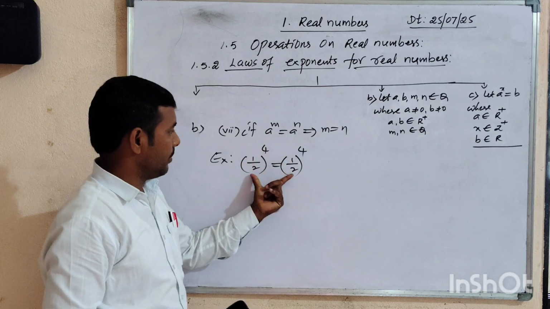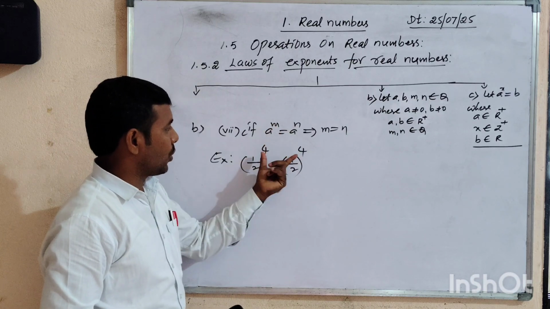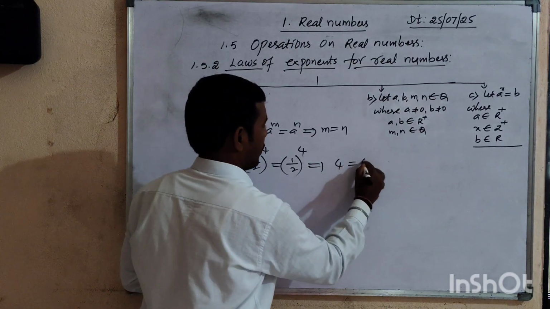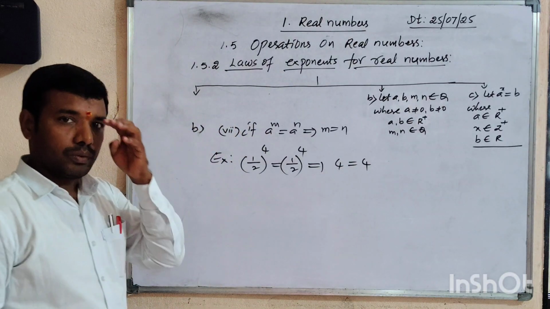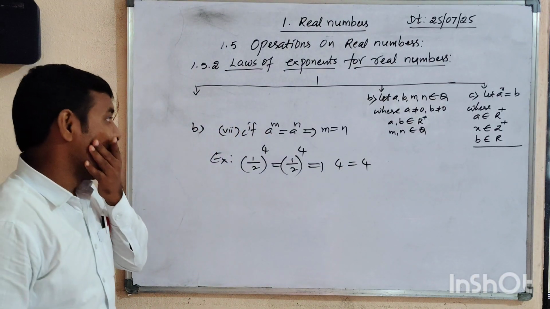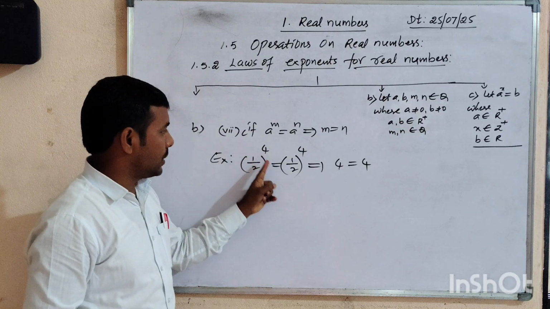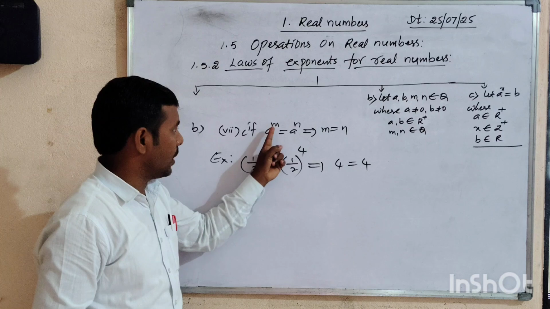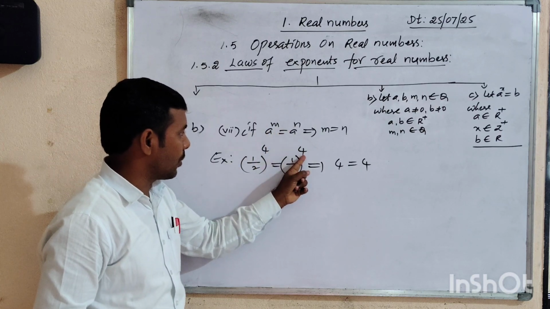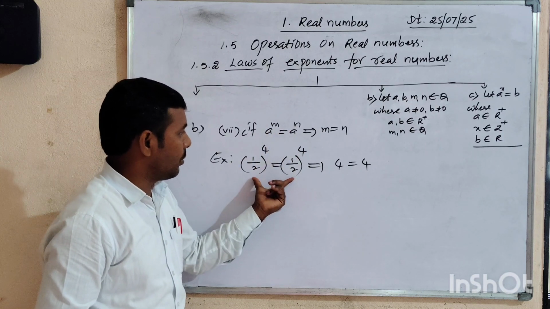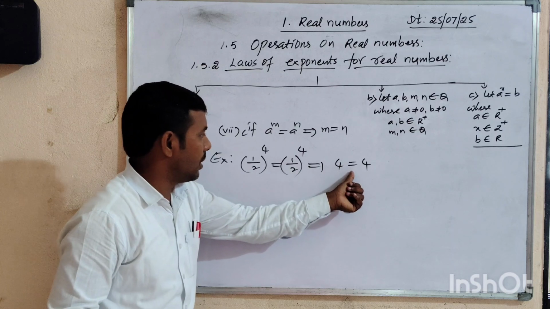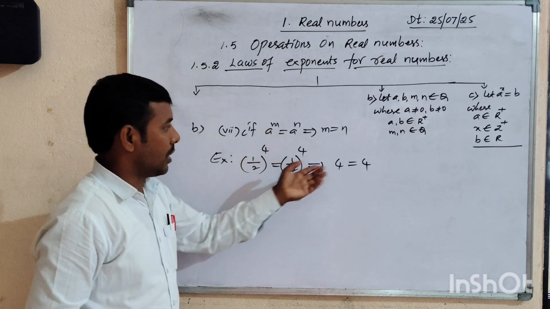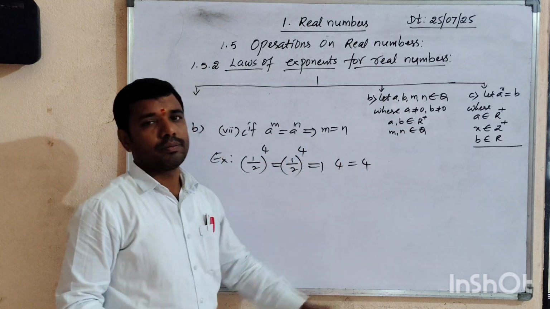The a value is the same, and the m value if you consider the same, then what will happen through this? We can write 4 is equal to 4 now. 1 by 2 to the power of 4 is equal to 1 by 2 to the power of 4. Here a value 1 by 2, m value 4, n value 4. Through that we are able to write powers are equal. When the question is like this, we are able to write powers are equal.